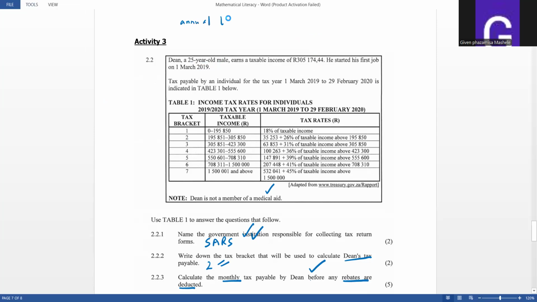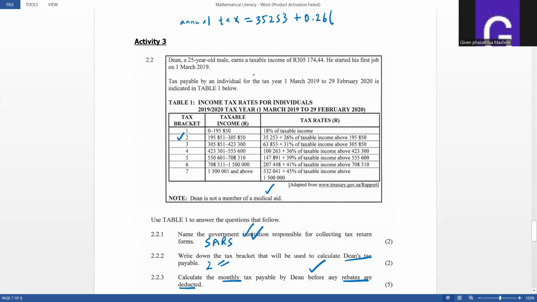The annual tax, in bracket 2, will be 35,253 rand plus 26%, which is 0.26, of his taxable income above the threshold.